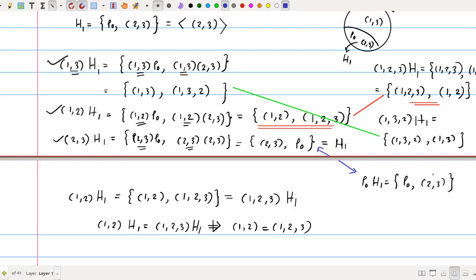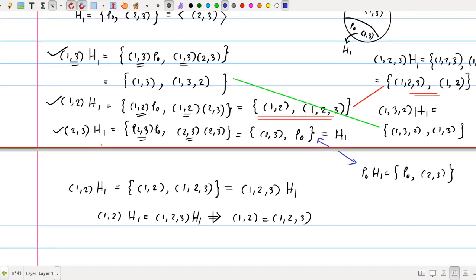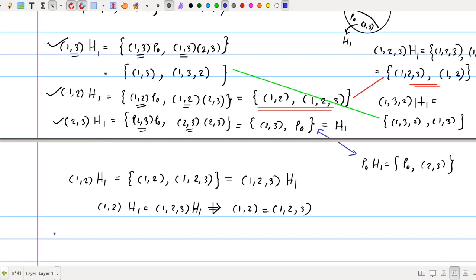That means whenever we consider these three distinct cosets, then we can say that these are the only possible distinct cosets of h1 in S3. So therefore we can collect all these three cosets.